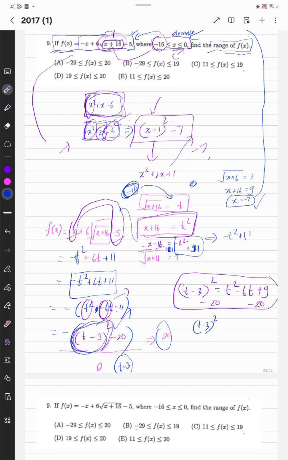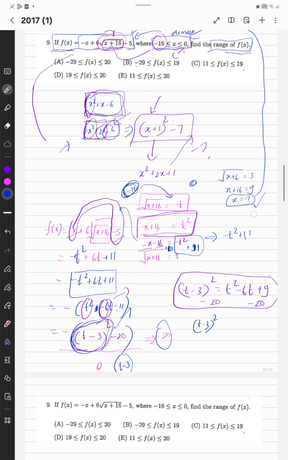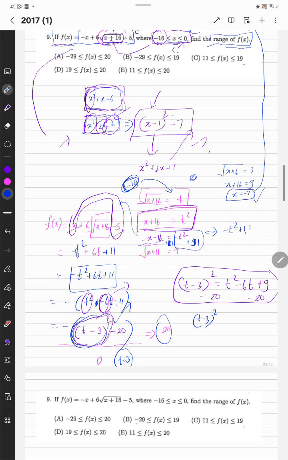We need to consider what is the range x can have. First, the kind of value (t minus 3) square could have is based on the kind of value t minus 3 could have. And the kind of value t minus 3 could have is based on the kind of value x could have, as it's given.